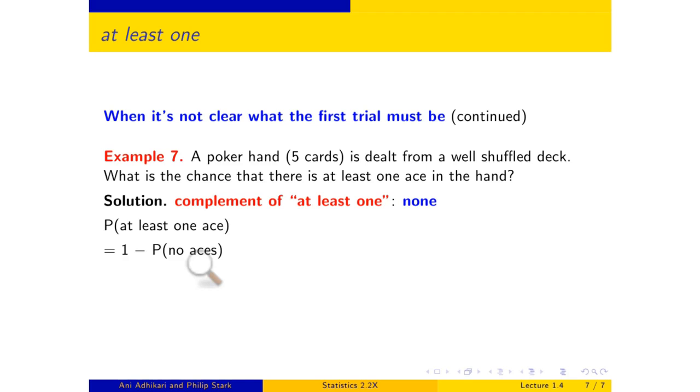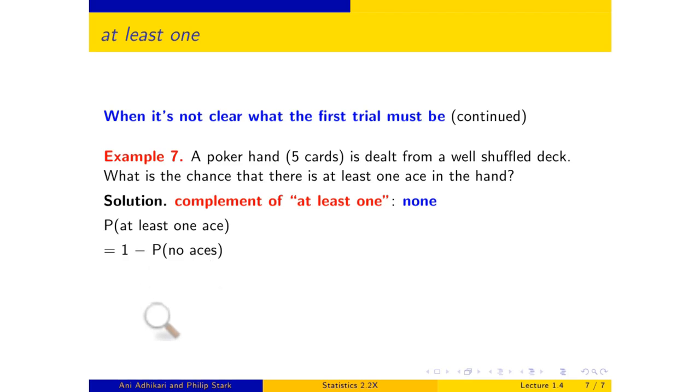Can I write down the chance of that? Oh yes, there are 4 aces in a deck of 52 cards. So the chance that my first card is not an ace is 48 in 52. Once I've got something that's not an ace the first time around, what must happen the next time? Also not an ace. And now what is the chance of that conditionally on the first?